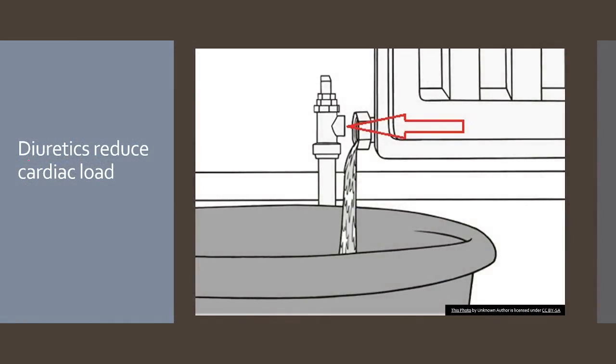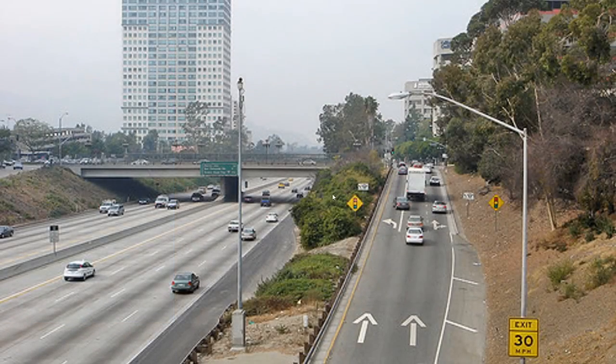And that's how diuretics work. Diuretics cause loss of fluid from the kidneys. So it's causing you to lose water from the system, and that effectively reduces the build-up in the blood vessels.